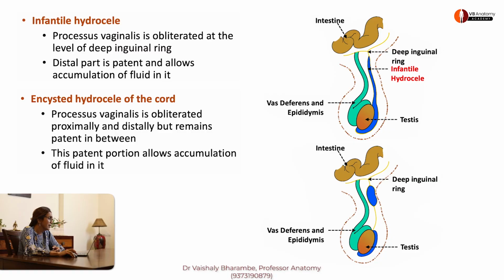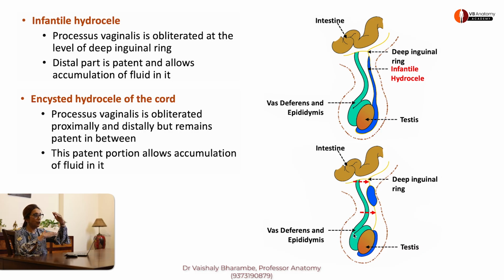But at the deep ring there is a closure, so there is no continuity with the abdominal cavity itself. This is called an infantile hydrocele. How will you differentiate it from vaginal? Vaginal hydrocele never extends upwards into the spermatic cord or into the inguinal canal. In this case, it continues right up, so you call it an infantile hydrocele. Now you are seeing an encysted hydrocele.